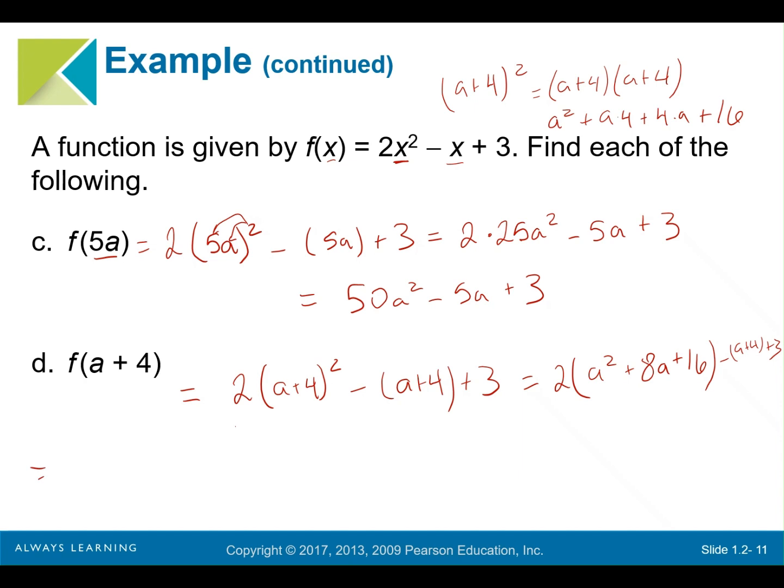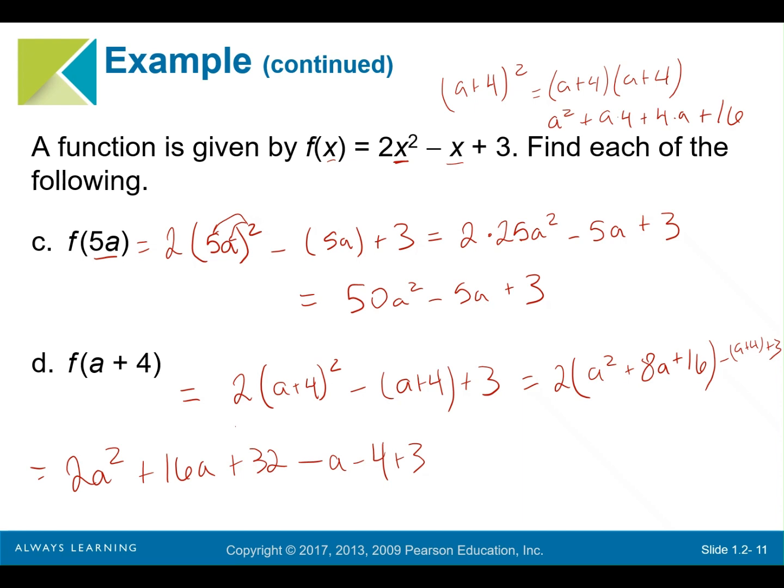This 2 now needs to be handled. Notice it was 2 times the a plus 4 squared, and I FOILed out the a plus 4 squared, and now I'm going to distribute 2 to each term. And that's the proper way to do distribution here. So we have 2a squared plus 16a plus 32. And now this is a minus a plus 4 in parentheses. So I'm going to do a similar thing and distribute the minus a minus 4 plus 3.